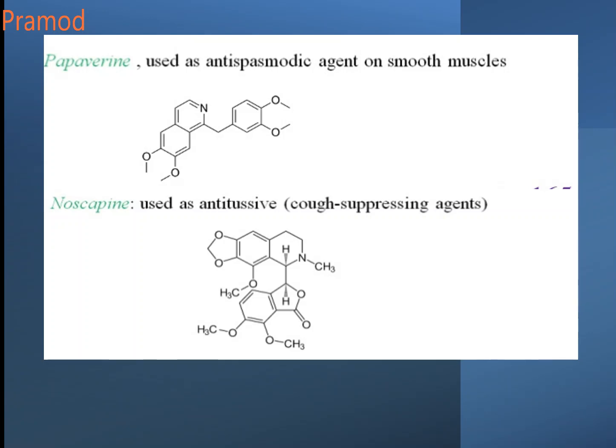So that is your example, papaverine, used as an antispasmodic on smooth muscles. Noscapine is an antitussive agent, a cough suppressant, that also contains an isoquinoline moiety. So these are the drugs which contain the isoquinoline moiety.